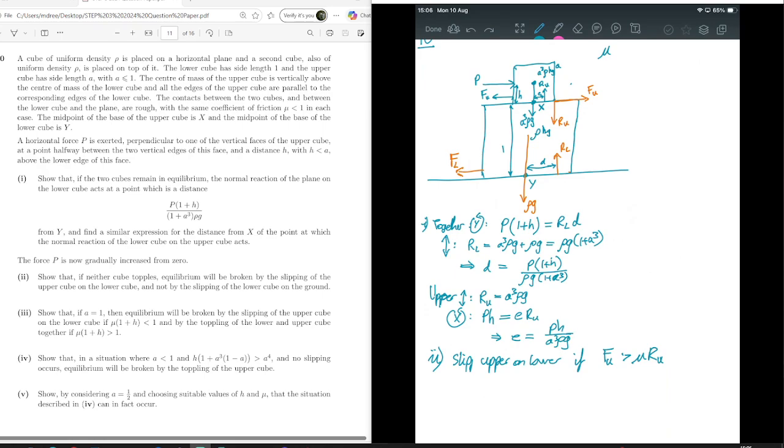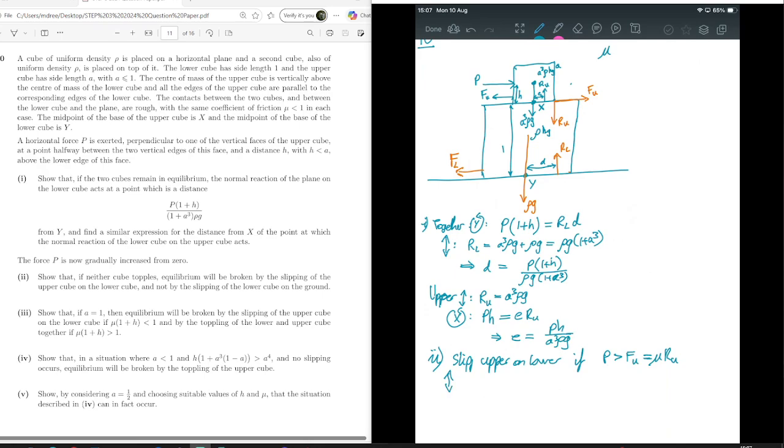So we're slipping if P is greater than the frictional force, which once we start slipping, friction we'll say is equal to mu r.